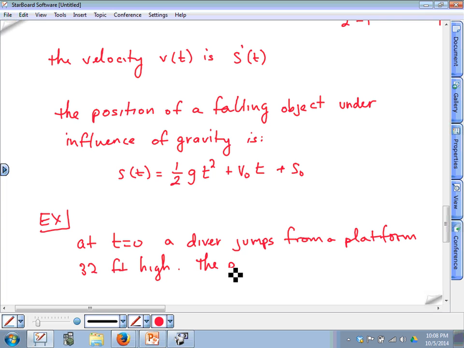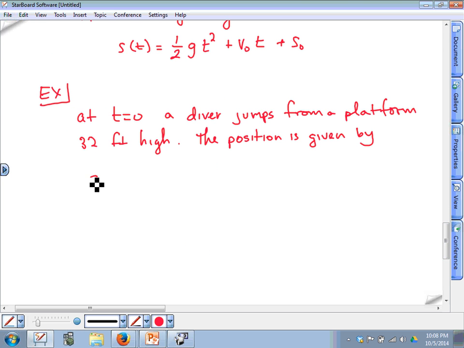The position is given by this position function, S of t, and it looks like we're diving on Earth. That's good. It's negative 16t squared plus 16t plus 32, so this means he jumped with the initial velocity of 16 feet per second, and 32 because his initial height was 32 feet.